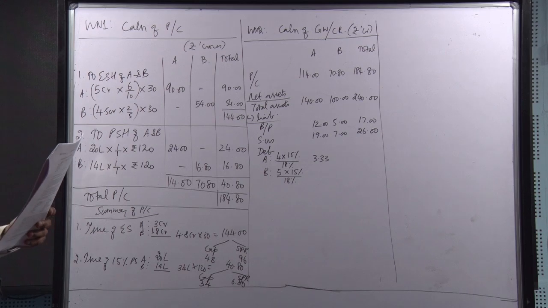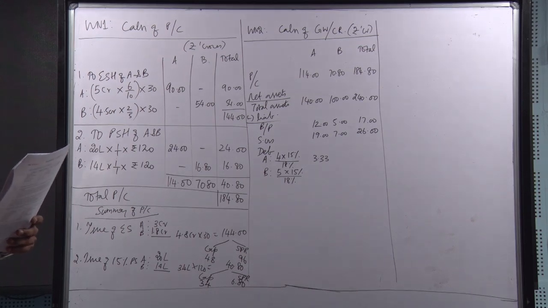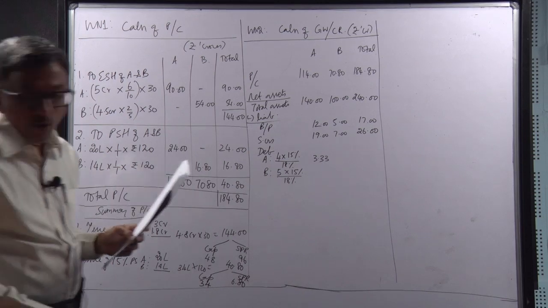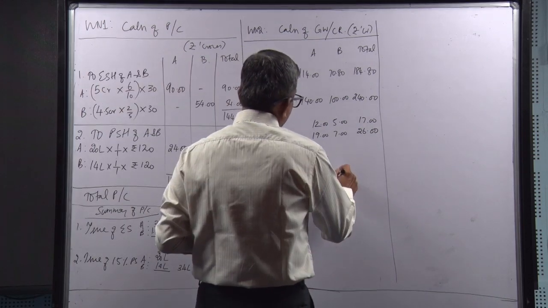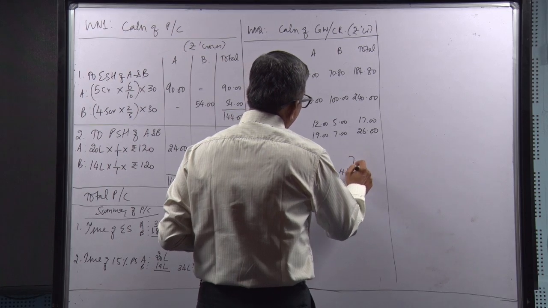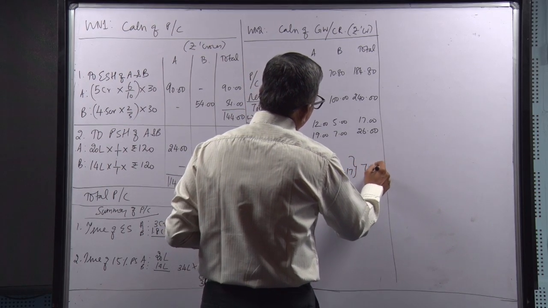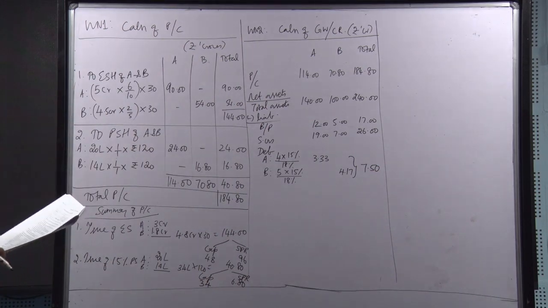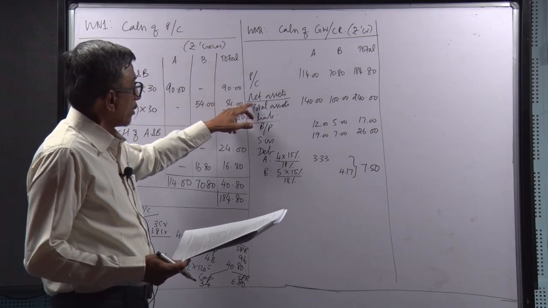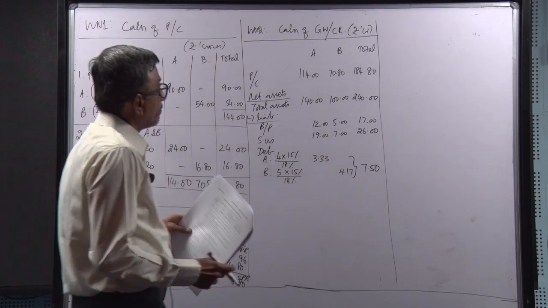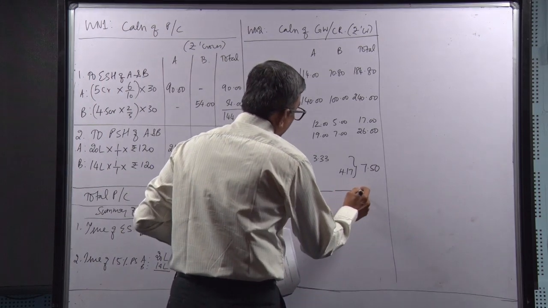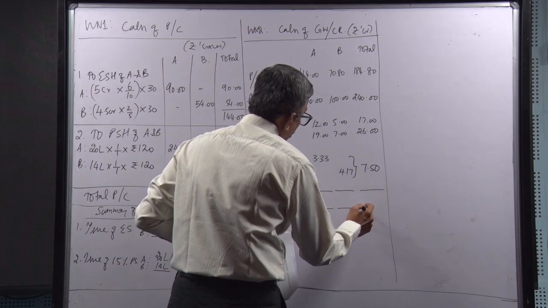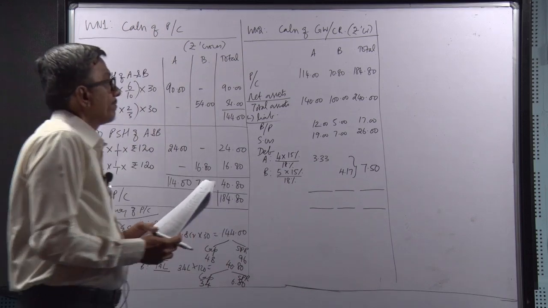So 5 into 15 by 18, you are getting 4.17. That means in total you have to issue debentures for 7.5 crores, sorry. So total assets taken over minus liabilities taken over, you will get the difference as goodwill or capital reserve.